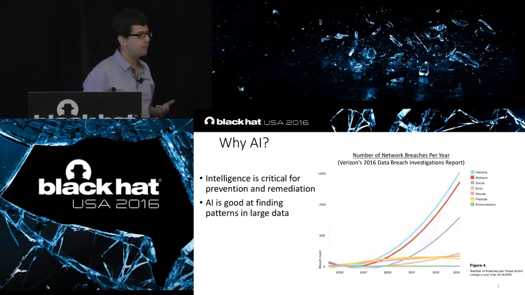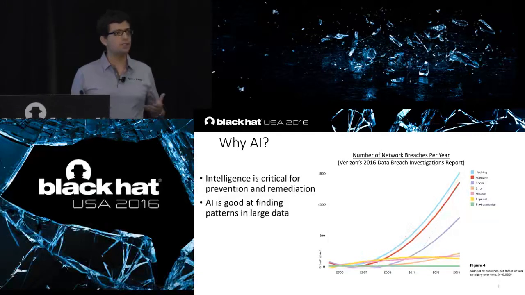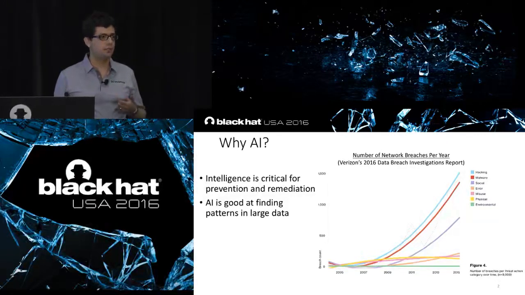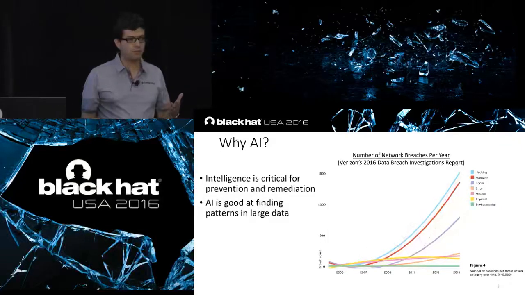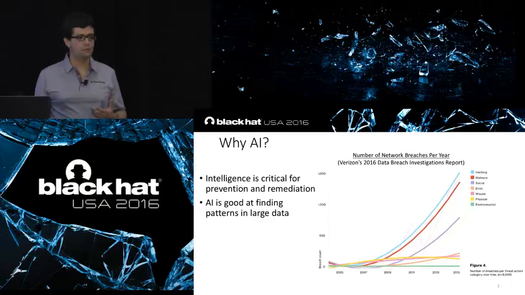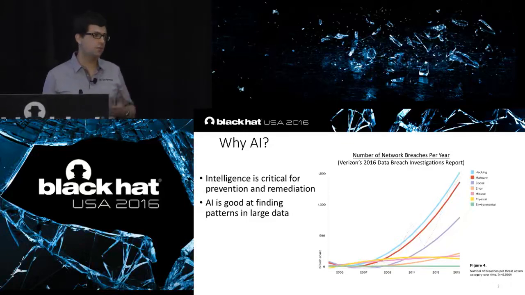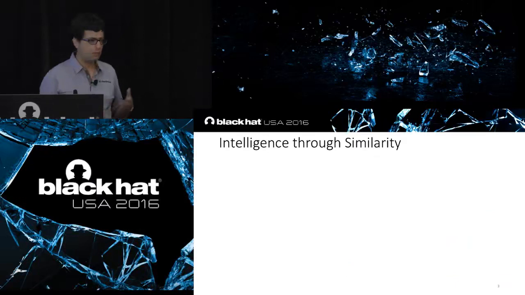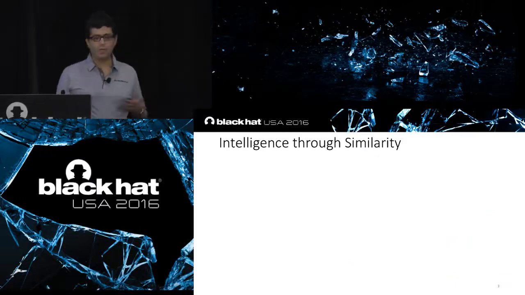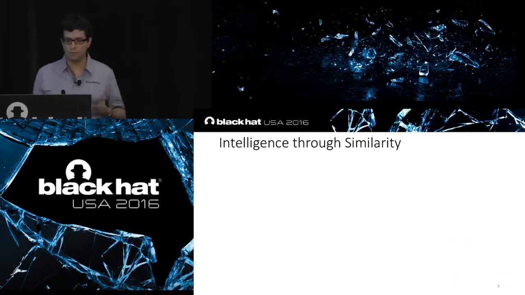You're defending this enterprise network, and you need to understand what's going on. The only way you can make sense of it is if you have some sort of augmentation which can process the data and figure out what's important and figure out some connections, which they can then display, for example, for a human for review. Now, one of the best ways to get this intelligence is through similarity.